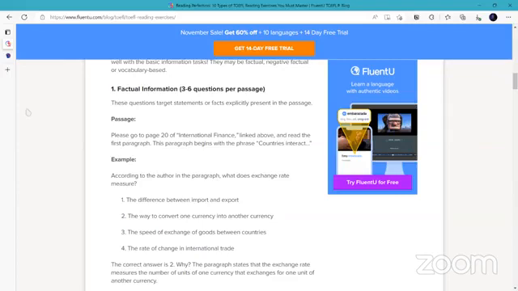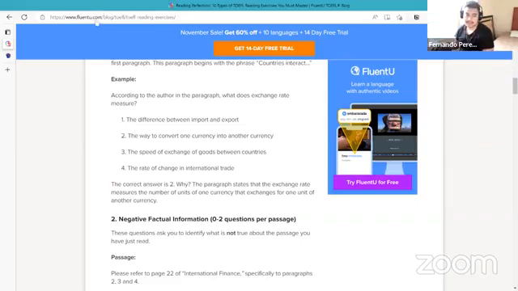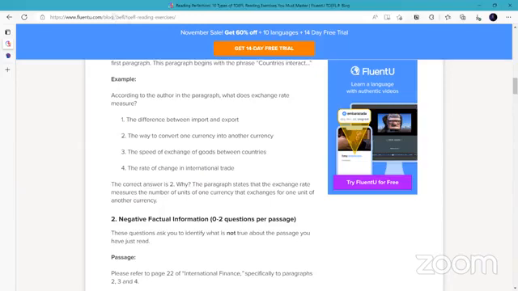Why? The paragraph states that the exchange rate measures the number of units of one currency that exchanges for 1 unit of another currency.